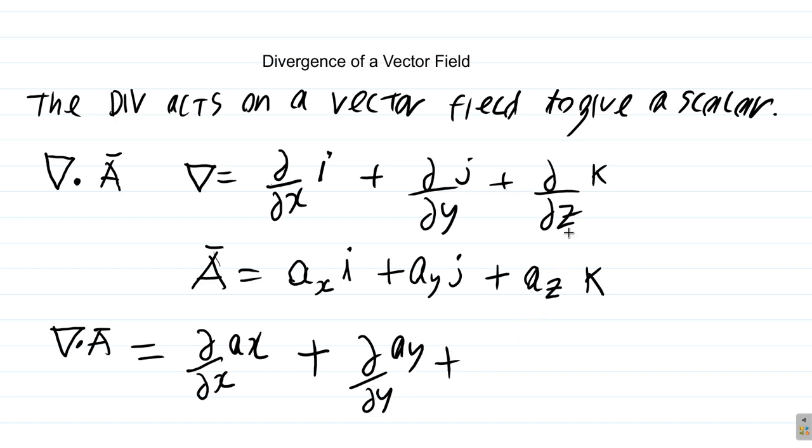and then here, coefficient of k by coefficient of k. So it's partial by partial z of Az, right? So whatever Ax is, you differentiate with respect to x.